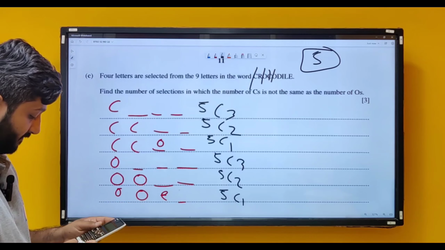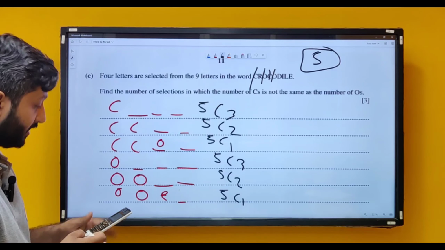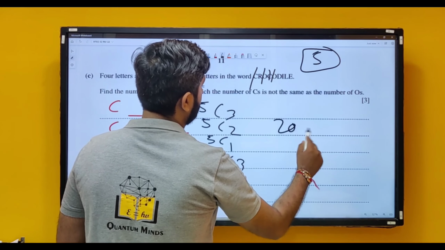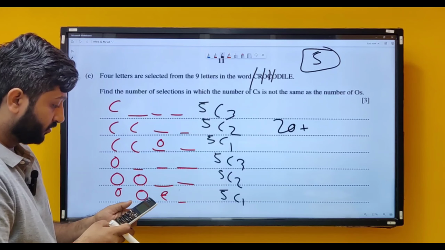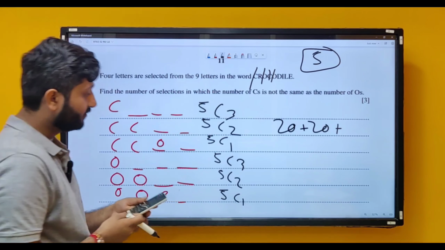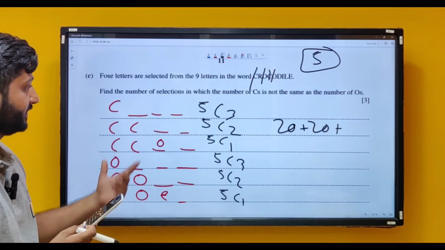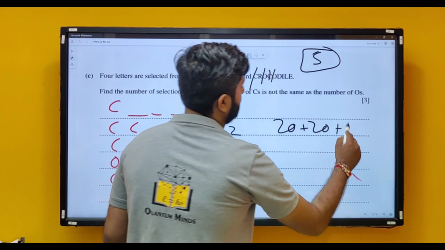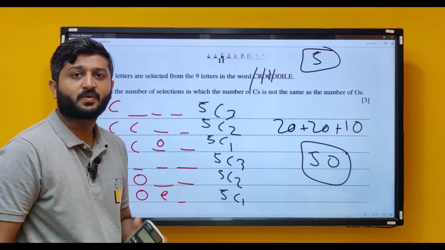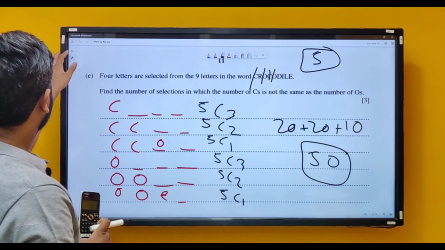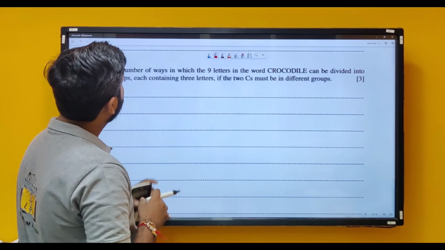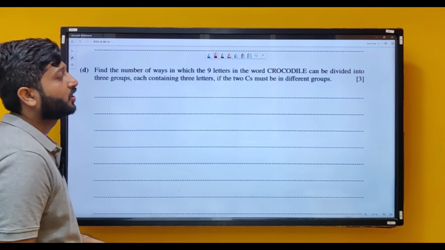So 5C3 into 2 is 20. 5C2 into 2 is again 20. And 5C1 is 5, and 5 into 2 is 10. So in total we have 50 ways in which we can make these selections.